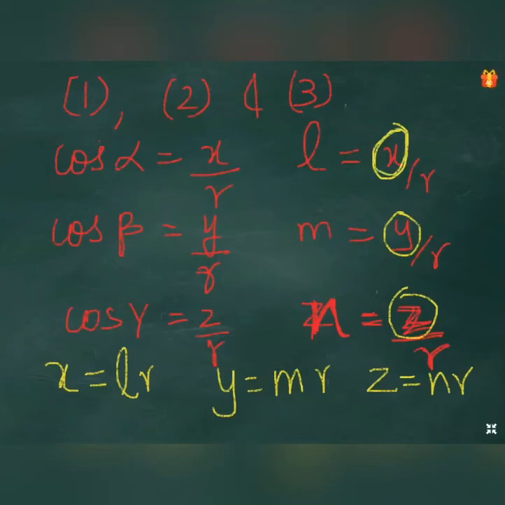So x, y, z are respectively the direction ratios of vector OP, and these direction ratios can be represented as lr, mr, and nr. How? If we cross multiply this r with l, we get x is equal to lr, and similarly y is equal to mr, and z is equal to nr respectively.